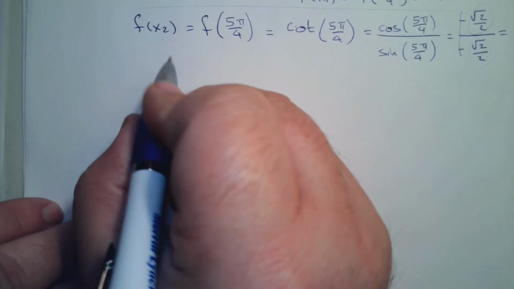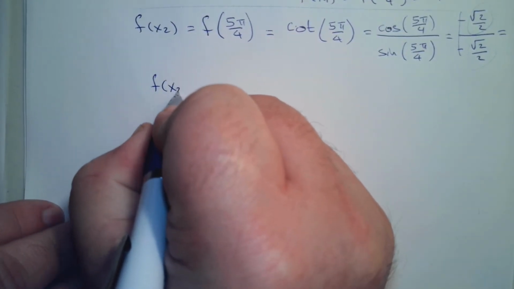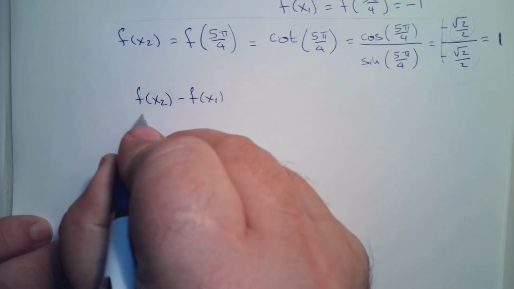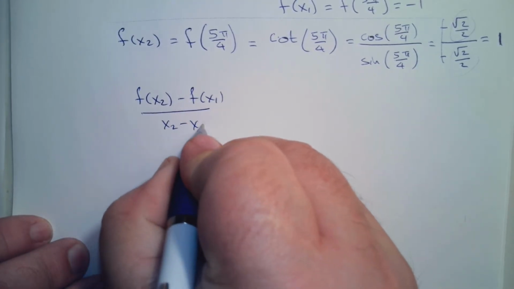Alright, so the rate of change is f of x2 minus f of x1 over x2 minus x1.